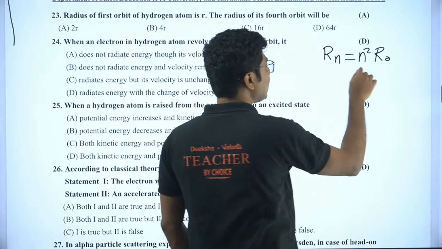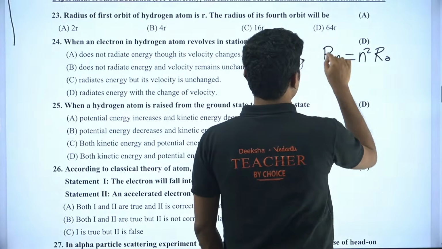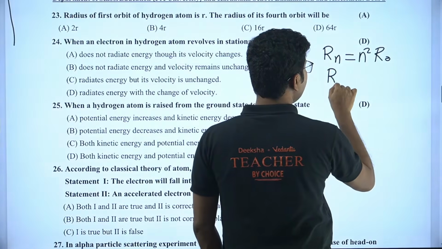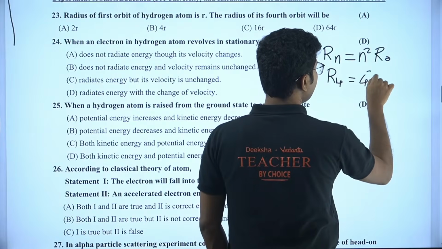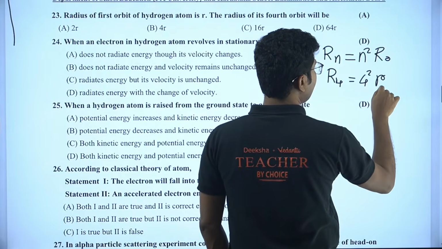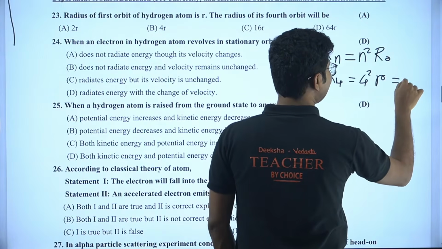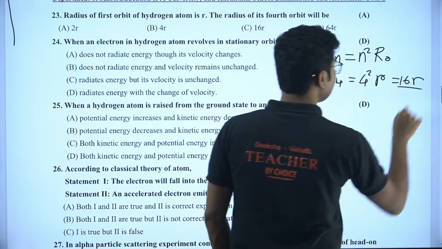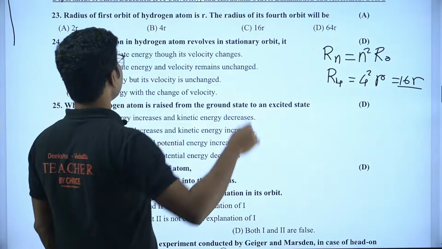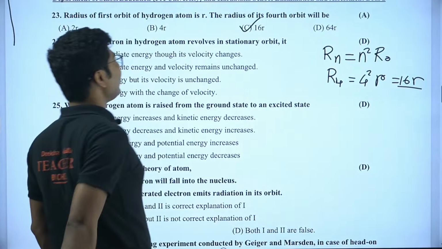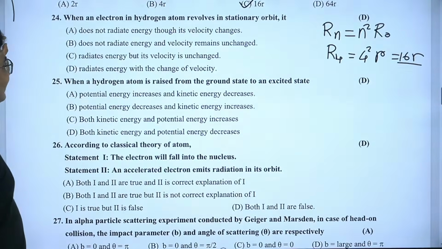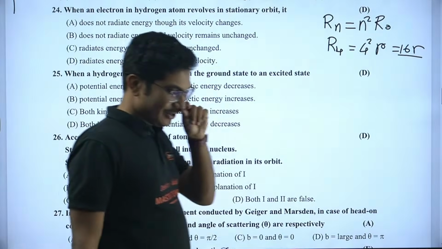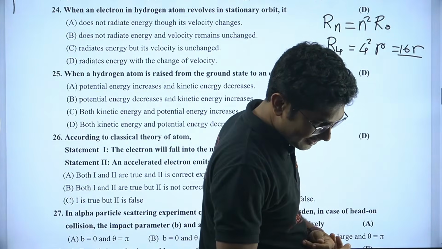Here R0 is given as R, so Rn, where n is the fourth orbit, is 4 square into R, so it will be 16R. 16R should be the answer. So 23C is correct, not 23A. You answered it first correctly, then you changed your answer. That is not good, right?